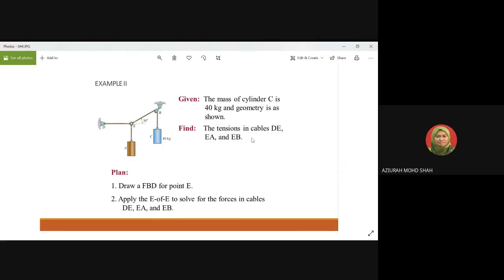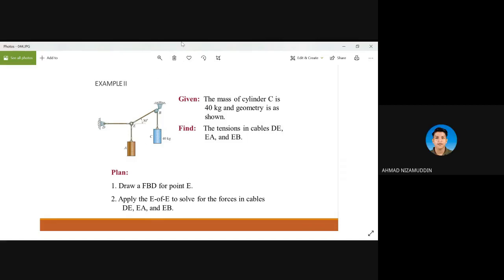Where is DE? DE, EA, EB. Tak ini. Okay, so nak buat macam mana ni? Do we need to draw 1 FBD or 2 FBD? You see that we have pulley here?